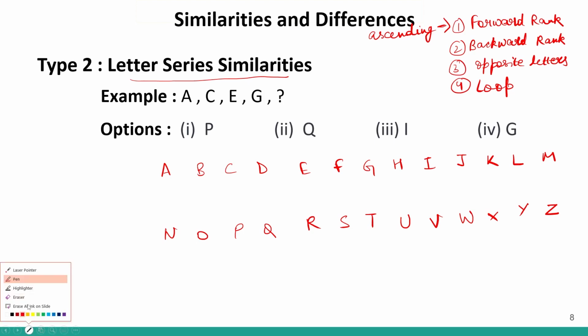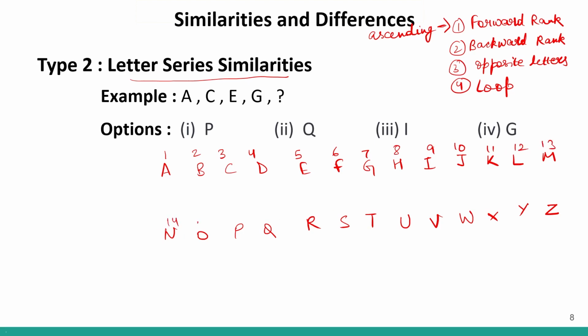So if I give them numbers like this, 1, 2, 3, up to 26, in ascending order, this is called forward rank.